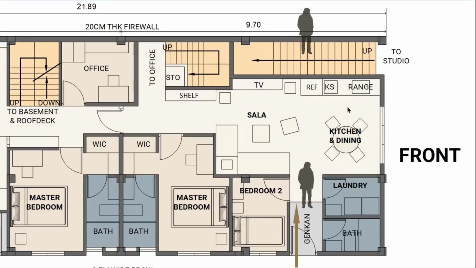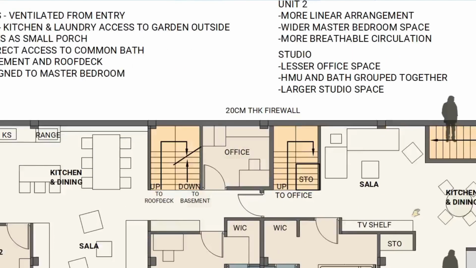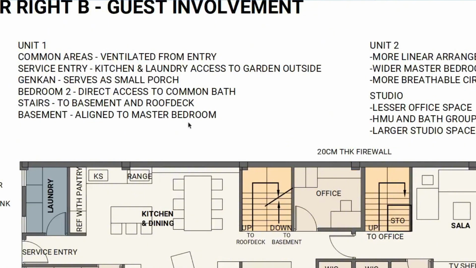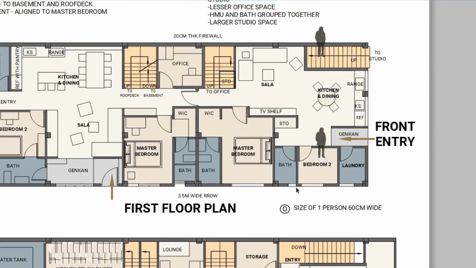In letter A, we have the common area here, which is an open style dining and entertainment area, and the guest room here. The second layout, however, has a wider space for the open layout, thus saying guest involvement is more of the priority rather than making it smaller just for the photographer's own use.